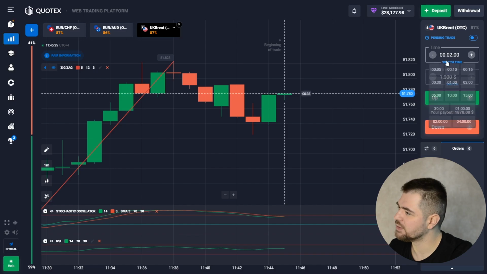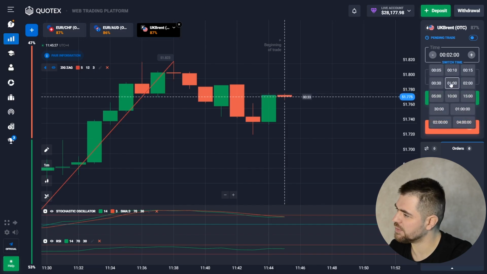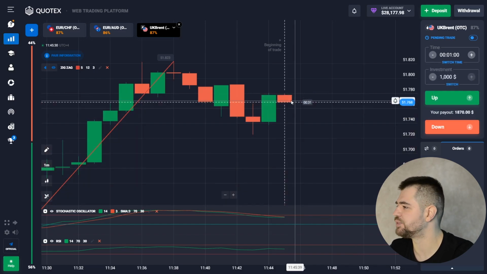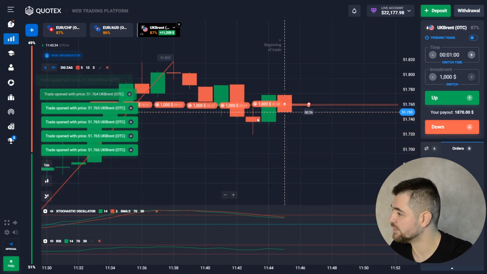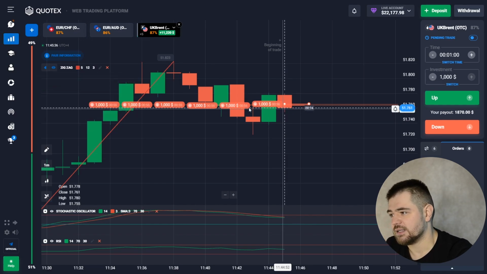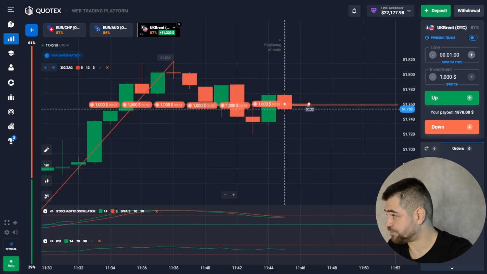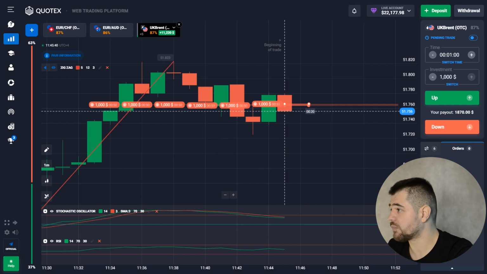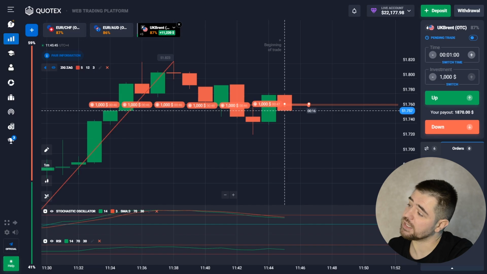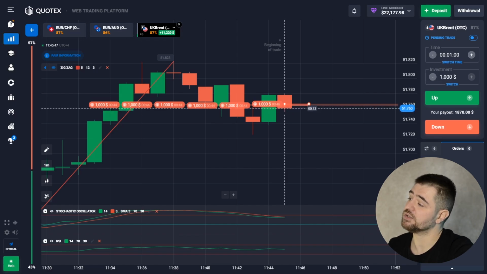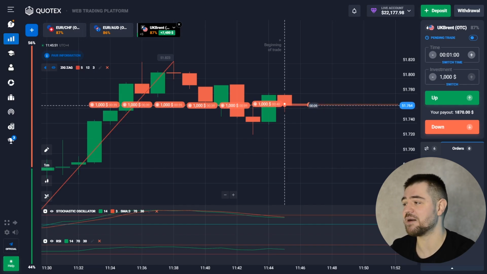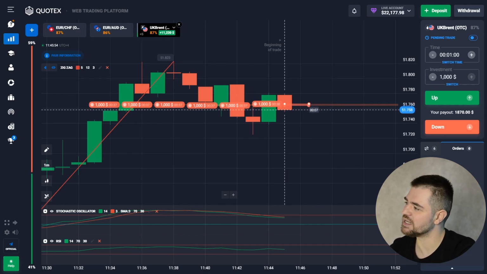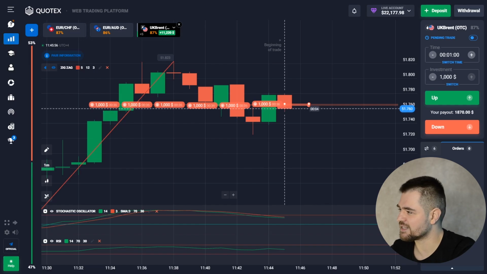Okay, maybe we change the time here to 1 minute. 2 minutes is pretty long time. Let's just go ahead and make another one, because now we see that if we look at the whole picture, there is kind of a bearish trend now forming, because now it's going up. I know it's a bit crazy, but with this asset it's like this.